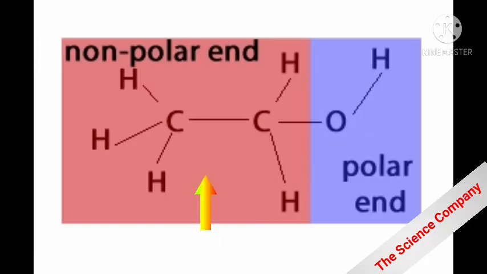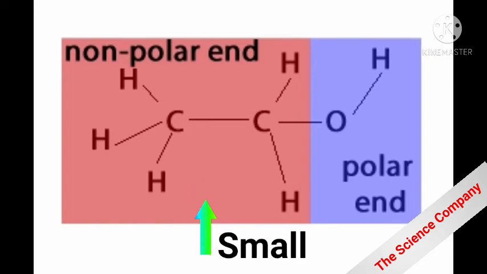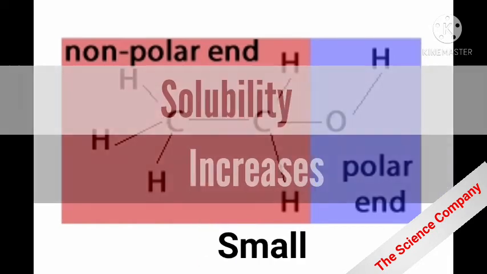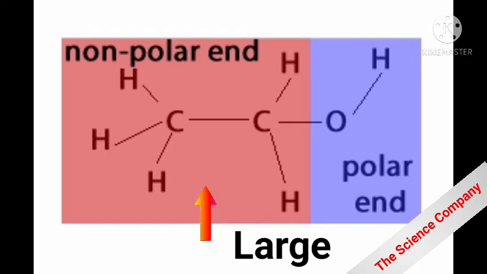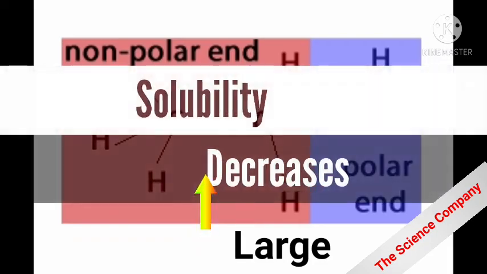So the hydrocarbon part of the molecule doesn't help to dissolve in water. When the hydrocarbon part of the molecule becomes simple or small, it increases the solubility. This means when the non-polar part is so large, that means the carbon-hydrogen part is larger than the polar part, solubility decreases.